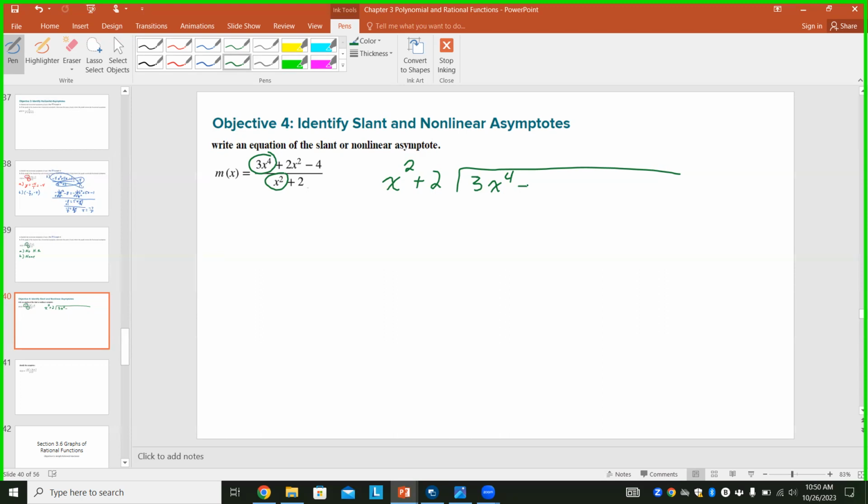So this would be plus 0x cubed. There's a constant, it's a -4. I'm going to put a 0x, but 2x squared plus 0x minus 4.